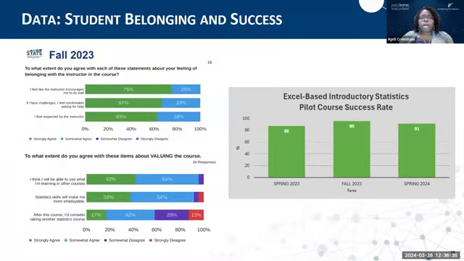Okay, so when it was all said and done, I participated in Digital Promise's stats project, and so they collected some data for us. From fall 23, they had the students do some surveys, and they actually specifically asked them about their feelings of belonging.